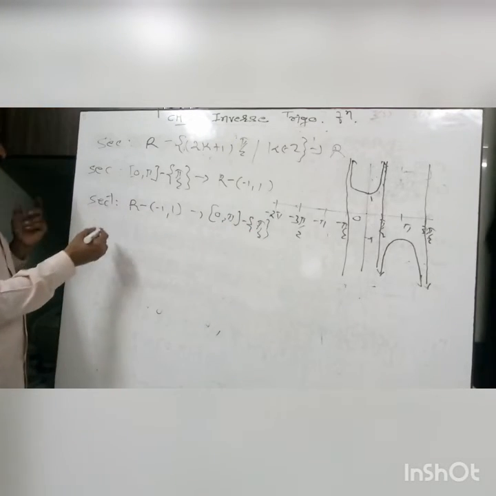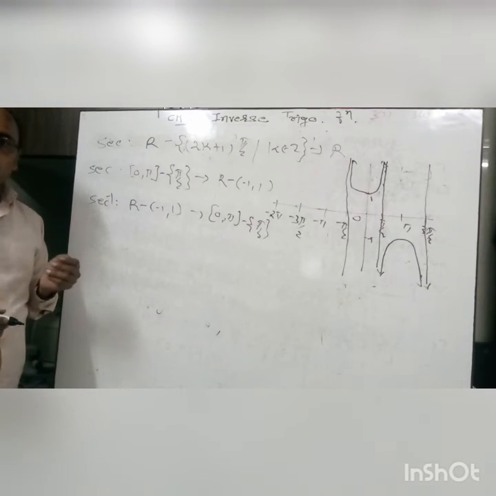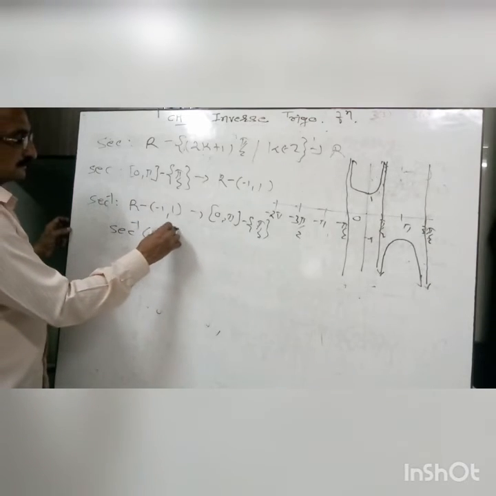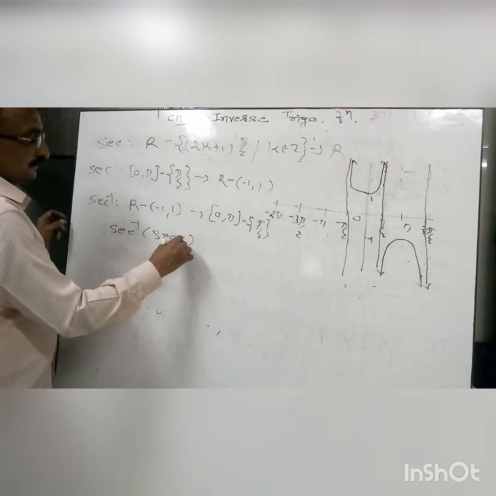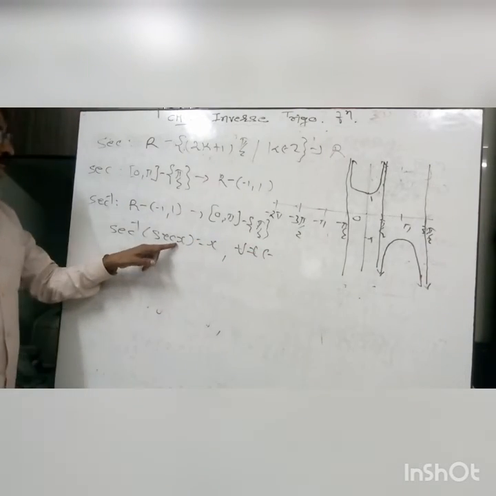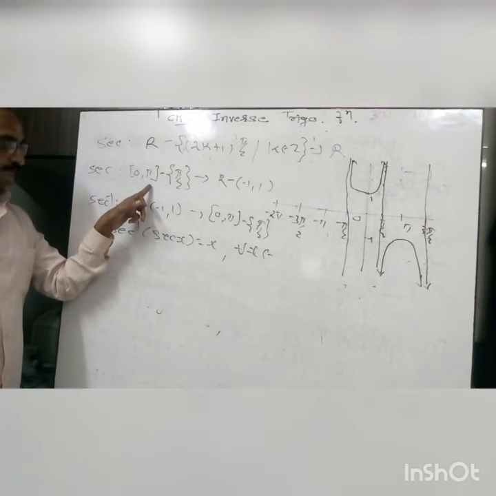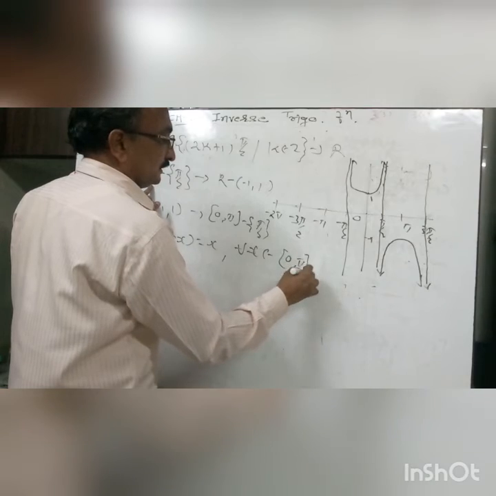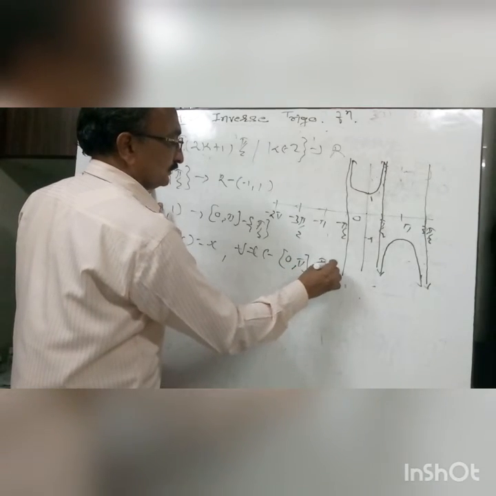Now some important notes of the sec inverse function. Sec inverse sec x is equal to x for all x belongs to the domain of the sec function. The domain of the sec function here is closed 0 to pi, minus pi by 2.